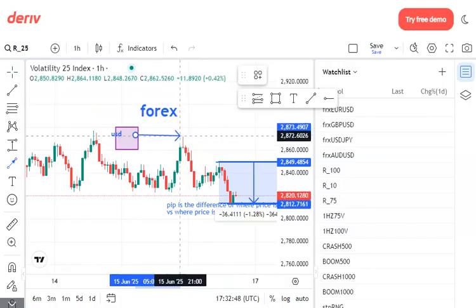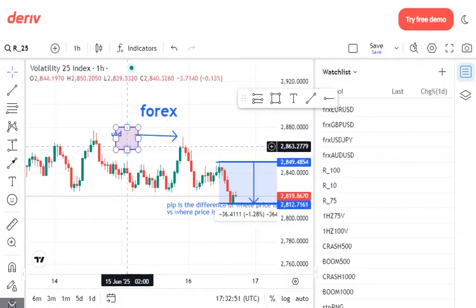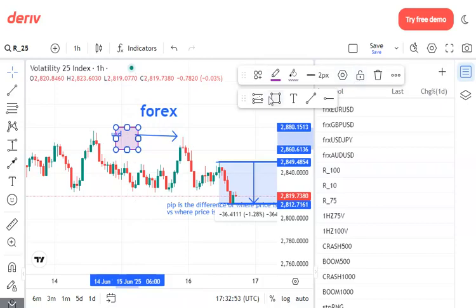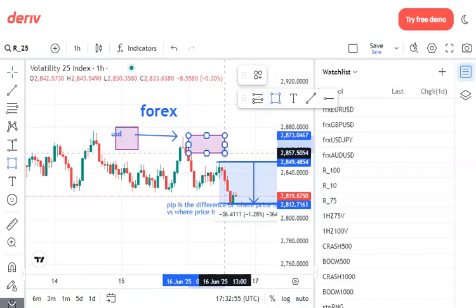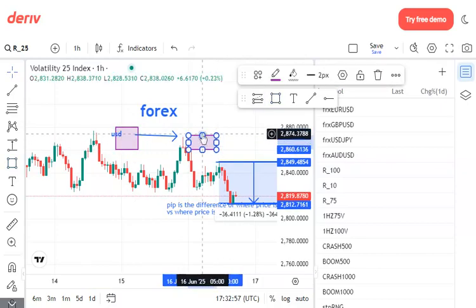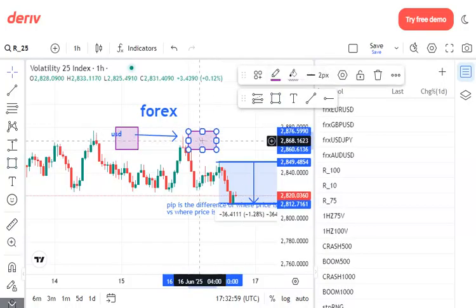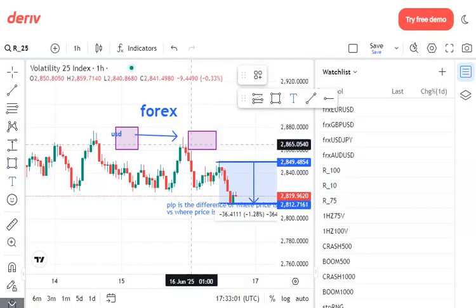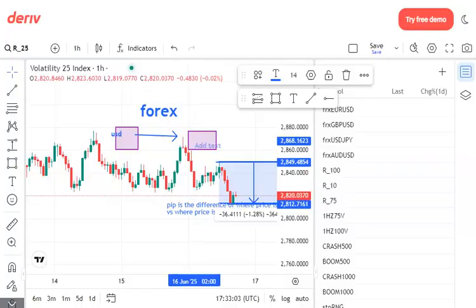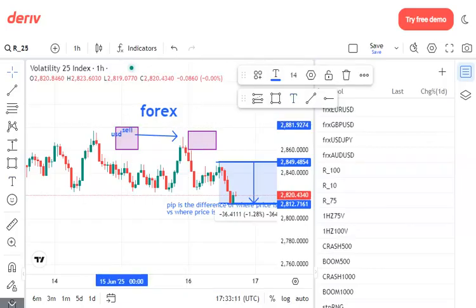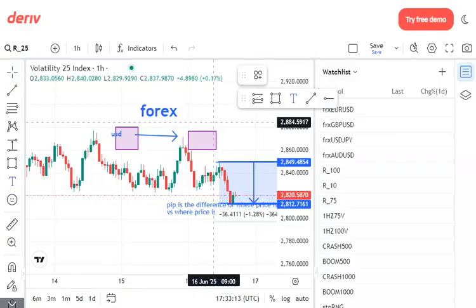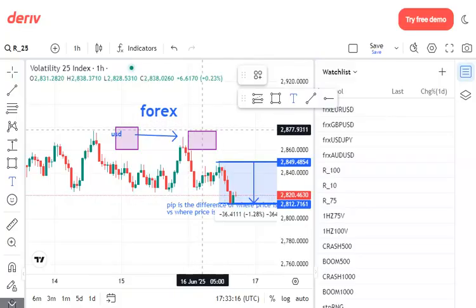US dollar compared to euro. Yeah, just euro. Yes, this is you sell this. If you sell this, you basically would use it to buy.